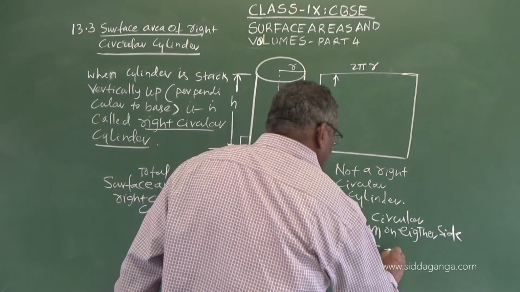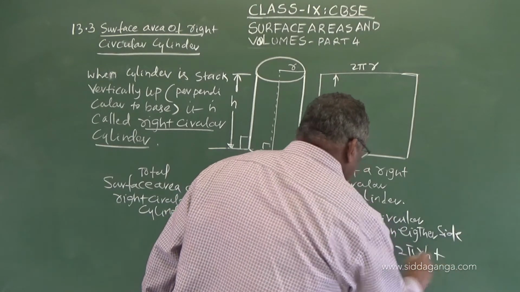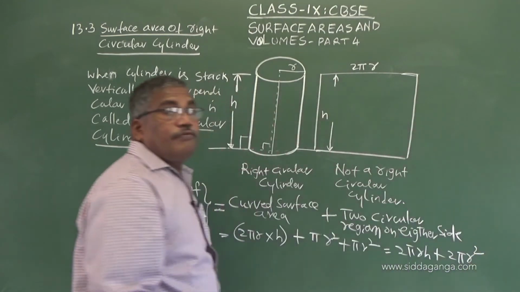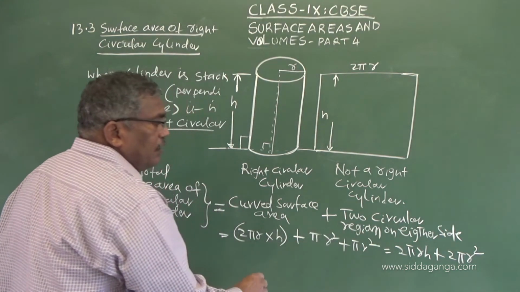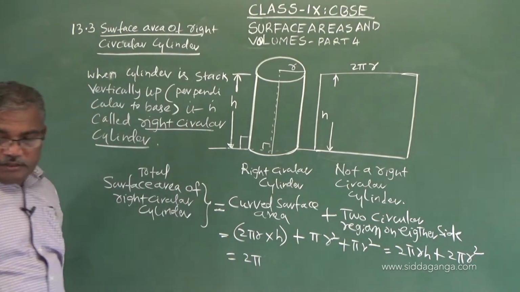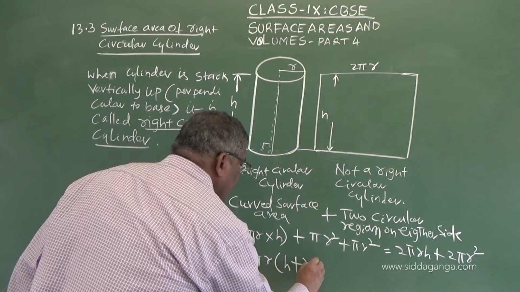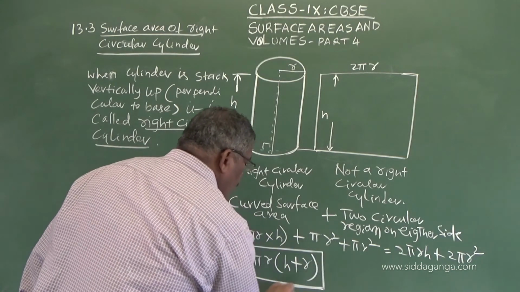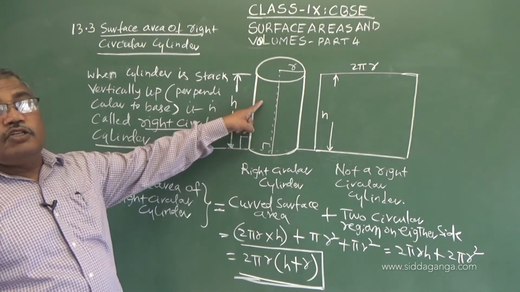So we get 2 pi r h plus 2 pi r square. Finally we simplify it, take 2 pi r common outside, and get h plus r. This is the formula for the total outer surface area of a right circular cylinder.